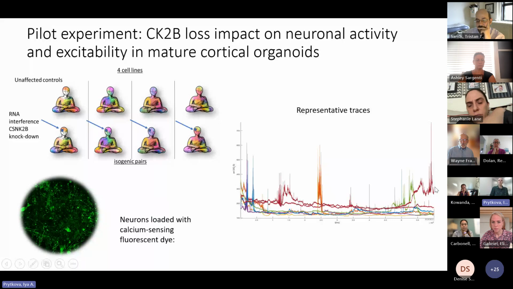So the next step for this would be to analyze all of the traces from all of our conditions, and then we can measure things like spike frequency, prevalence of bursts, and response to electrical stimulus as a measure of how neurons communicate with one another.